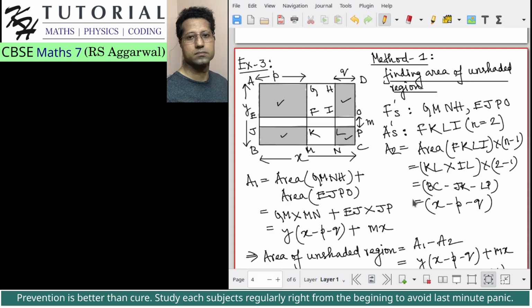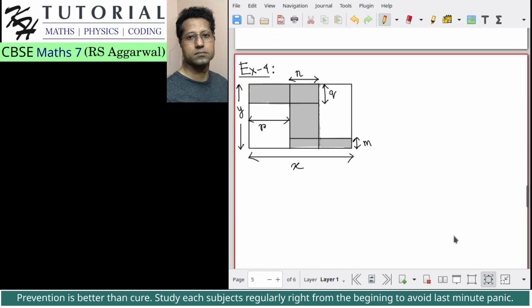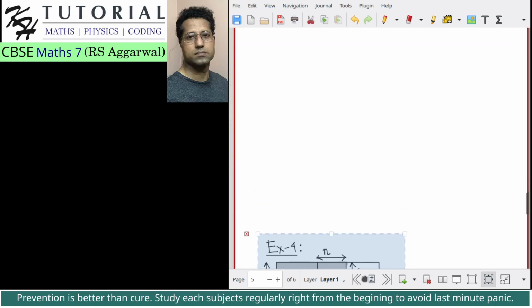Now let's see method 2. I really don't have any space, so let me shift example 4 to the next page.